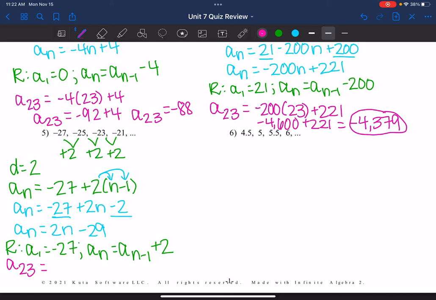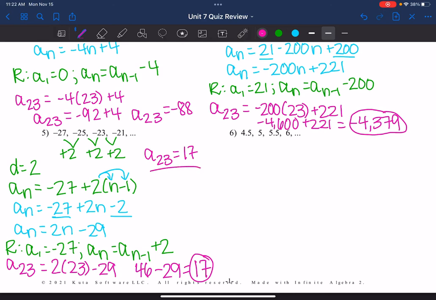So I've got 2 times 23 minus 29. 2 times 23 would be 46, and then minus 29 from that would give us 17 as our a sub 23. So a sub 23 equals 17.